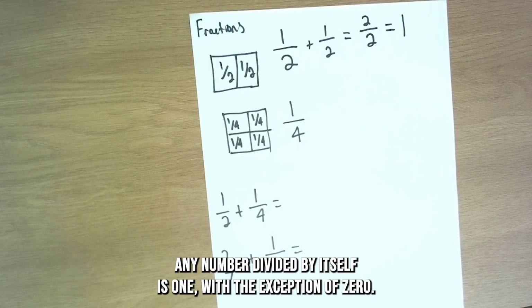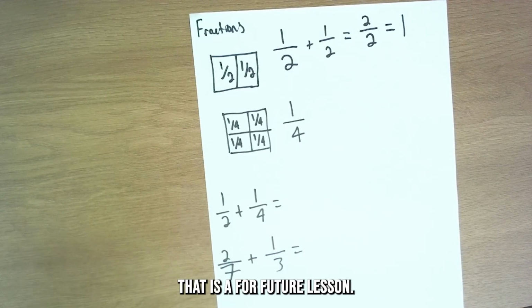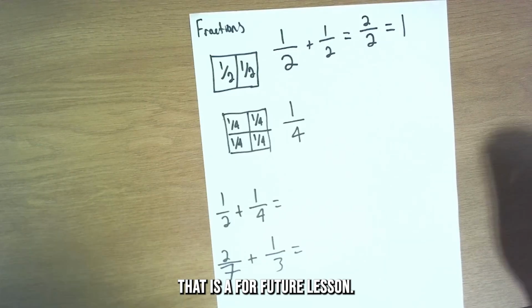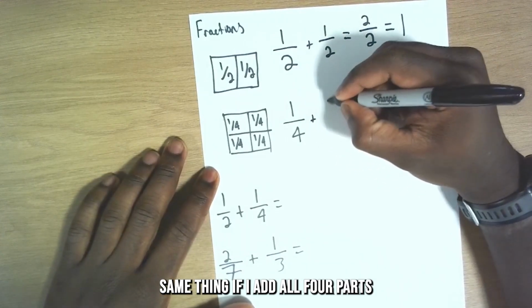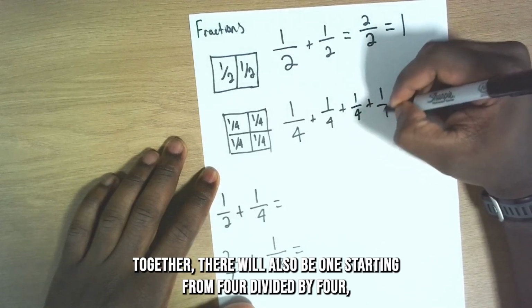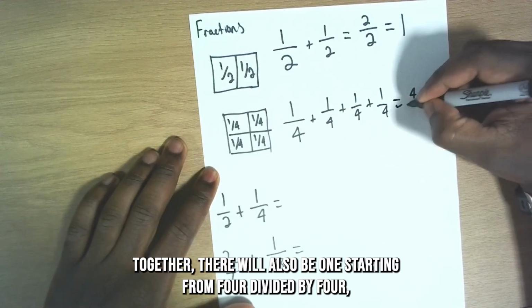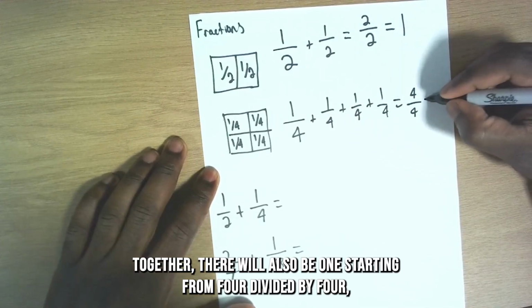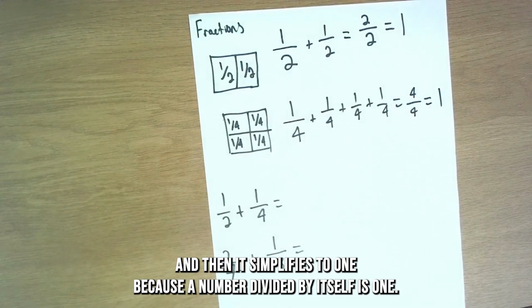Any number divided by itself is 1, with the exception of 0. That is a far future lesson. Same thing if I add all 4 parts together, they will also be 1, starting from 4 divided by 4, and then it simplifies to 1 because a number divided by itself is 1.